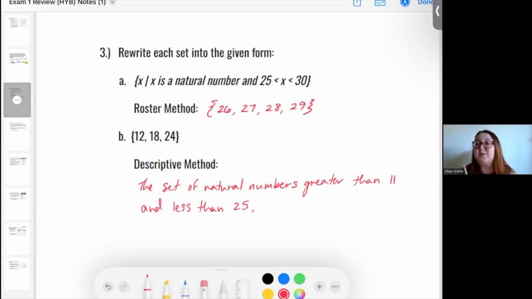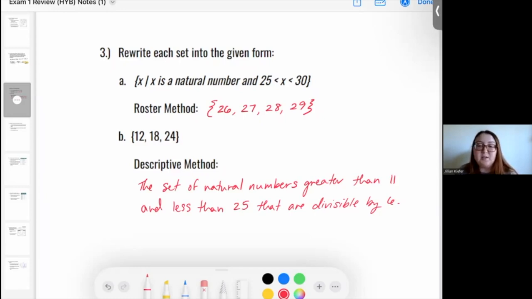The set of natural numbers greater than 11 and less than 25 divisible by 6. So we'll go ahead and write that in. Another way of saying that would be multiples of 6 or anything along those lines.